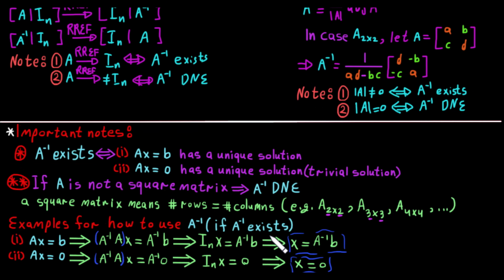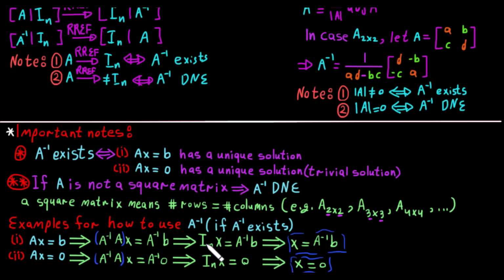If A inverse exists, then you can multiply both sides from the left by A inverse because you want to vanish this A. So if you multiply here by A inverse and here by A inverse, you will have A inverse multiplied by B here, and here it will be A inverse multiplied by A multiplied by X. Then you have to know that this equals identity because A inverse multiplied by A equals identity.